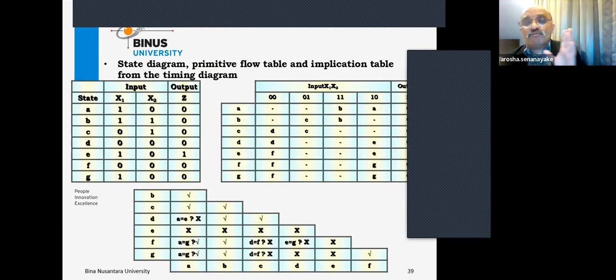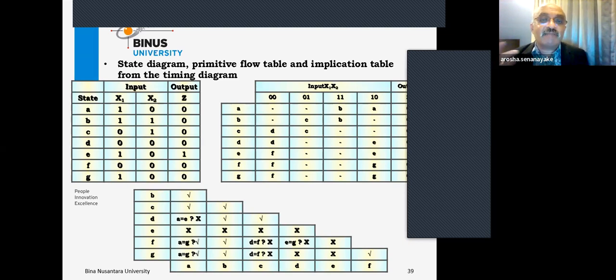In that form, we can have all the tables: first we get the state diagram, then the primitive flow diagram, and using the primitive flow diagram we get the implication table, as I explained one by one. That is quite important to understand.